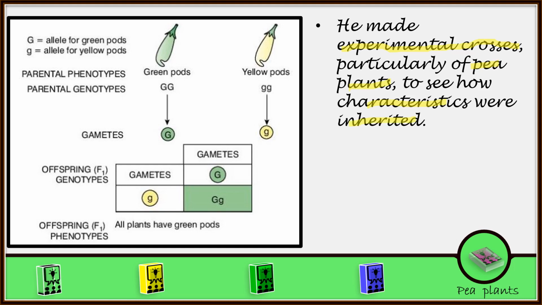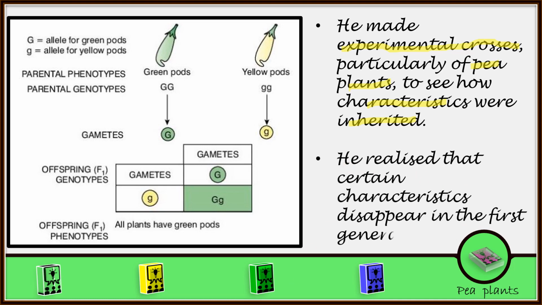So Mendel, when he was doing his experiments, used pea plants, and he wanted to see how the characteristics were being carried from the parent to the offspring. He realized that certain characteristics disappear in the first generation.